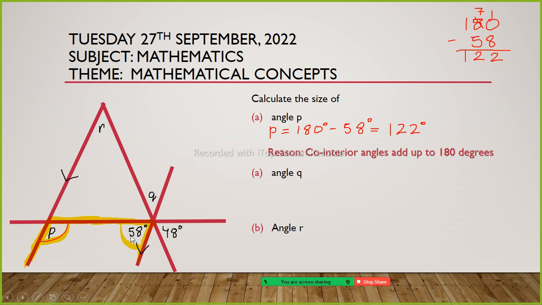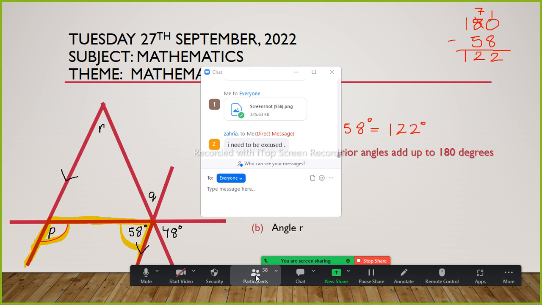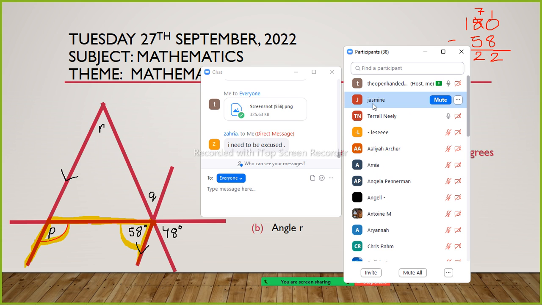100 and what? 22. No, P and 58 must add up to what number? 158. No, 180. Yes, they must add up to 180. Okay, so P and 58 must add up to 180 degrees.